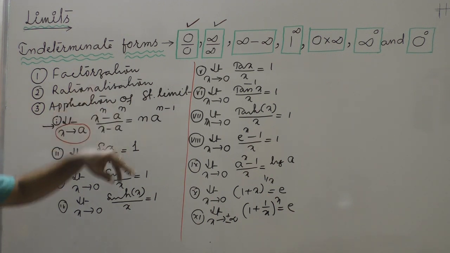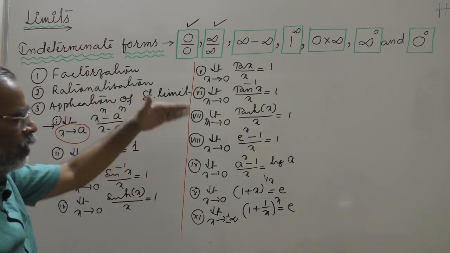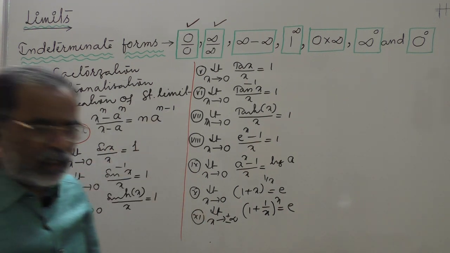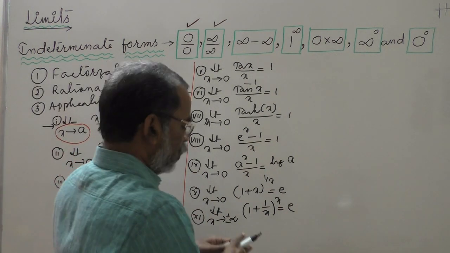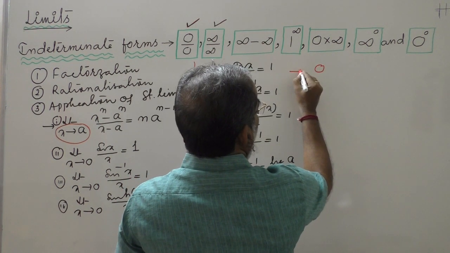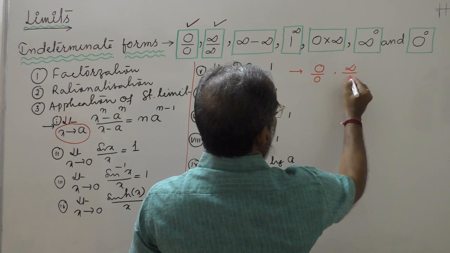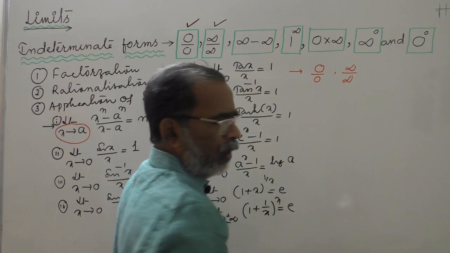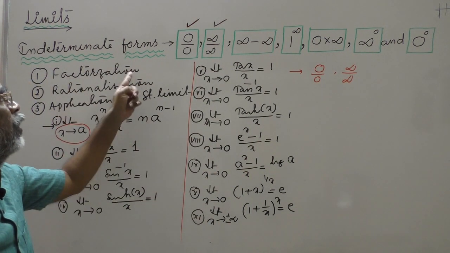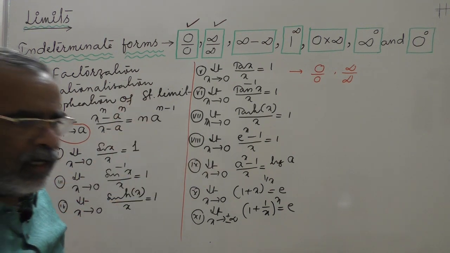Next, if not that, you can also use application of some standard limits. Yes, for this particular one, 0 by 0 and infinity by infinity, you can definitely use factorization, rationalization or application of any standard limits.